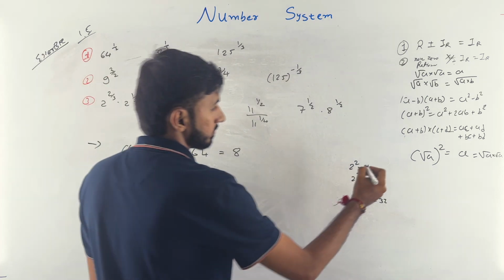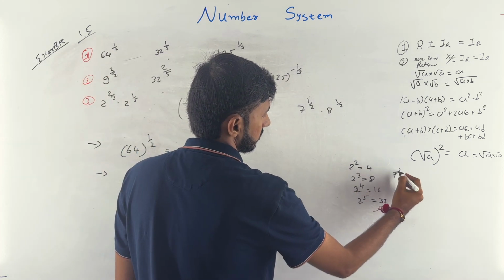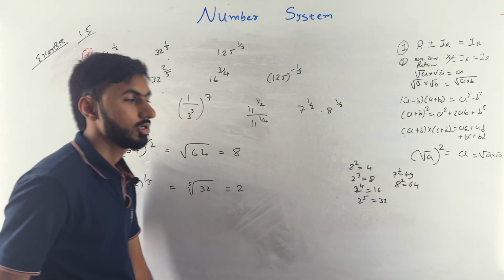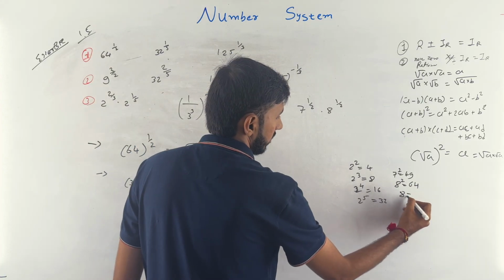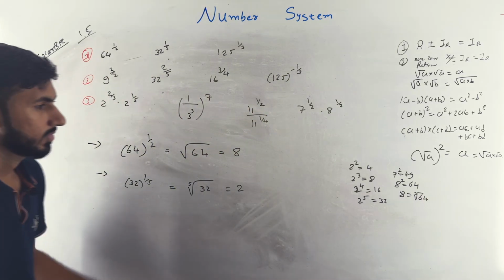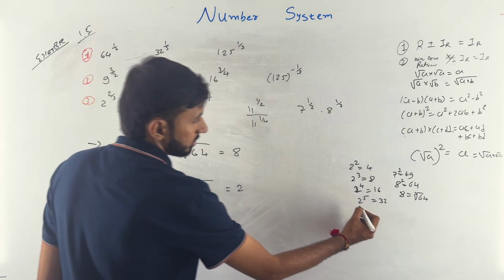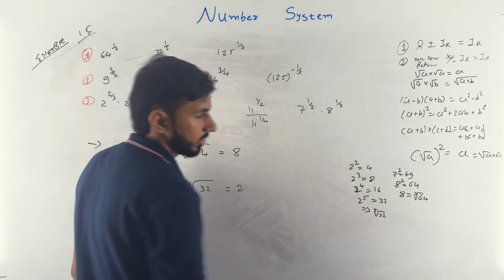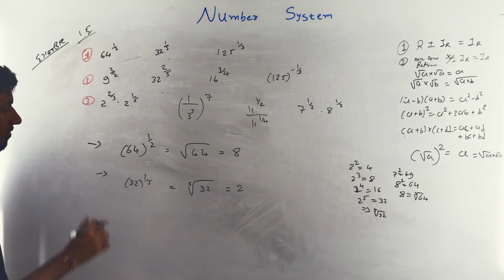And for this, we all know that 7 square equals 49, 8 square equals 64, right? So I can write 8 as the square root of 64. This is as simple as that. I can write this in the form of the fifth root of 32 as 2, right? So it is our second answer.